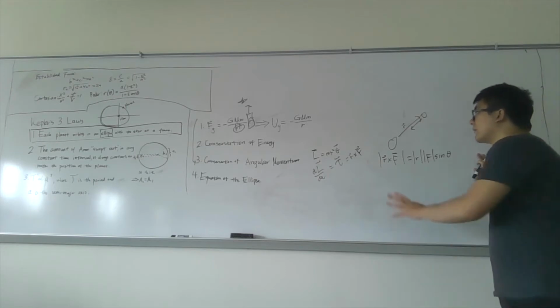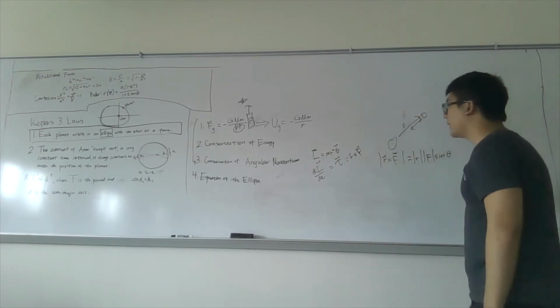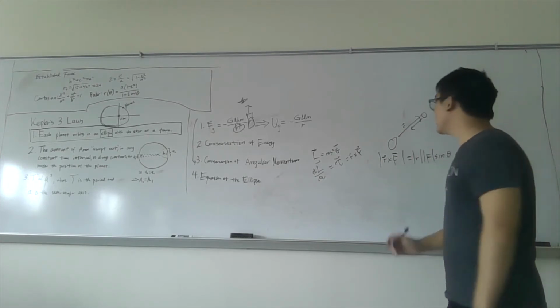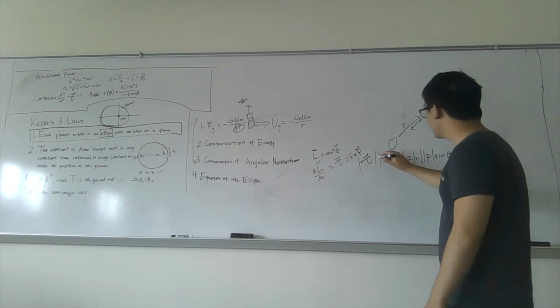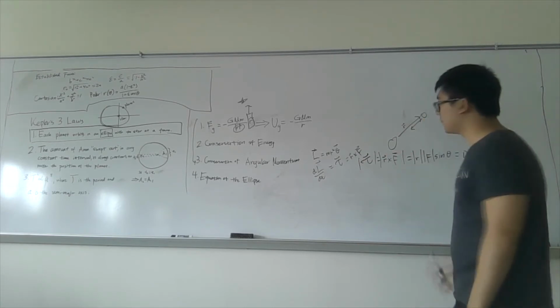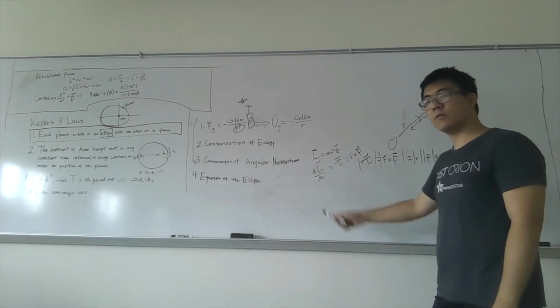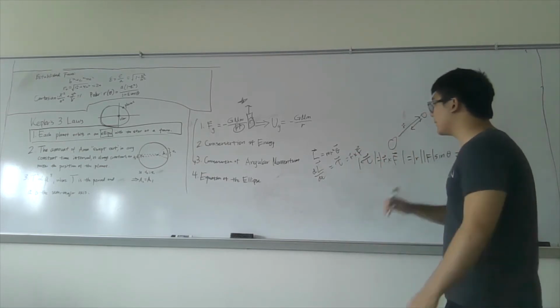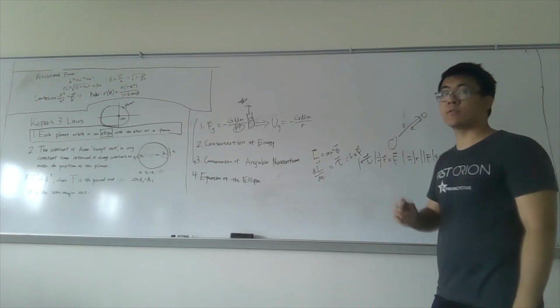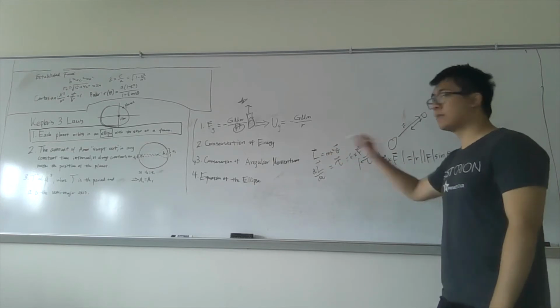And since these two vectors are parallel to each other, that angle is 0, and sine of 0 is 0. So that means the magnitude of torque is equal to 0. So the derivative of angular momentum is 0, and therefore angular momentum is a constant. That means it's conserved. And therefore, in this system, angular momentum is conserved.